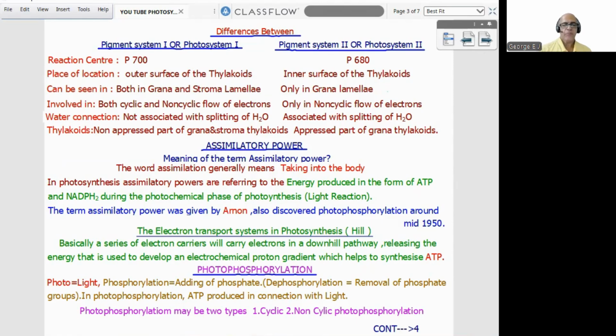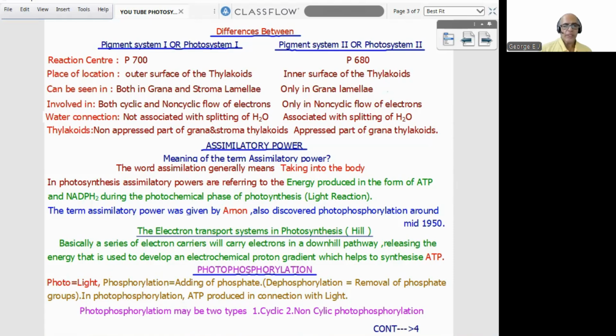Finally, we can proceed. Pigment system 1, it is P700 wavelength. Pigment system 2, P680. Place of location: outer surface of thylakoid for PS1, inner surface of thylakoid for PS2. PS1 can be seen in both the grana and stroma lamellae, while photosystem 2 only in grana lamellae.